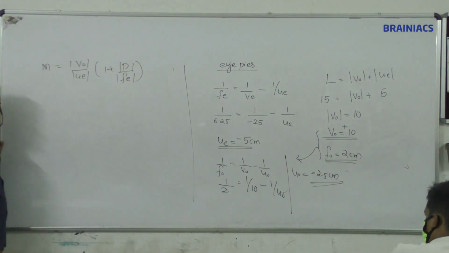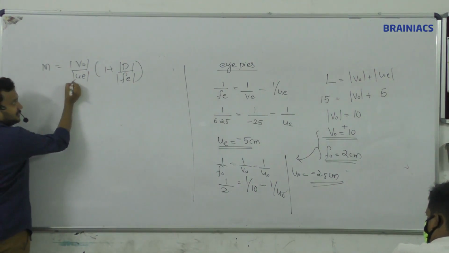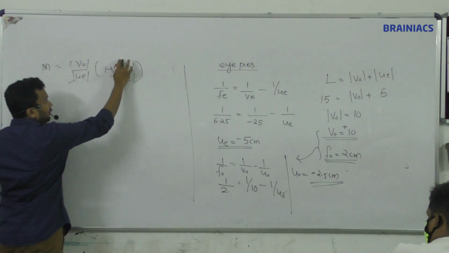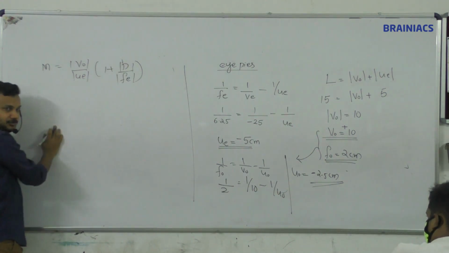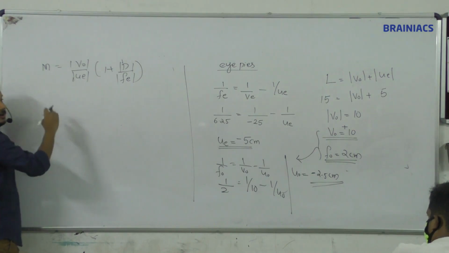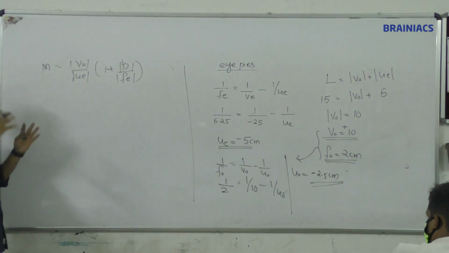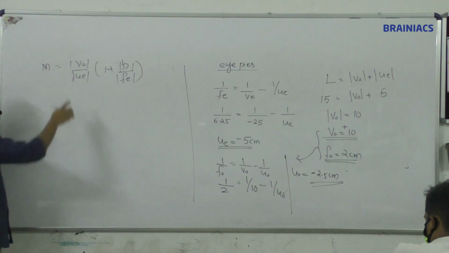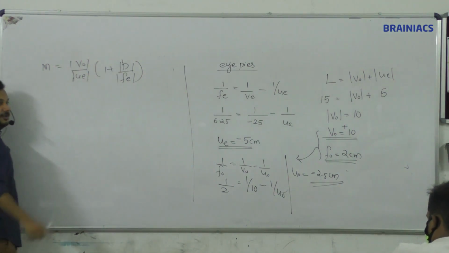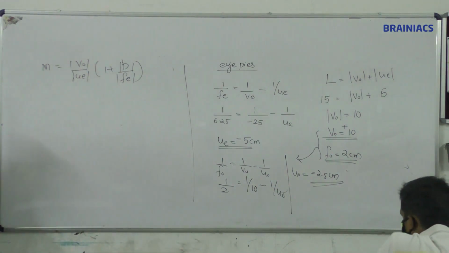Every term you can take modulus because I need the value of how many times it is zoomed. People are asking, sir, this is negative, then this is negative. You don't need to bother about whether it is negative or positive. Magnification is the quantity of how much a microscope enlarges. So all are in terms of magnitude. In your formula you can correct it if you have doubt.